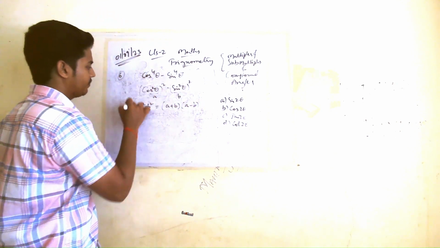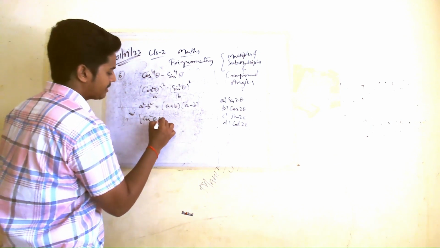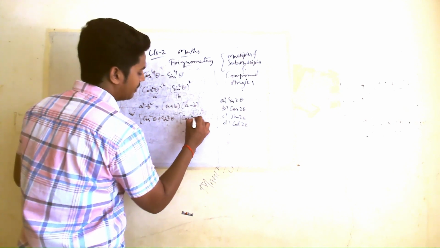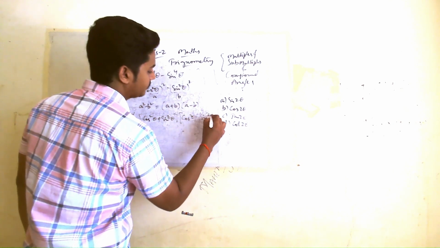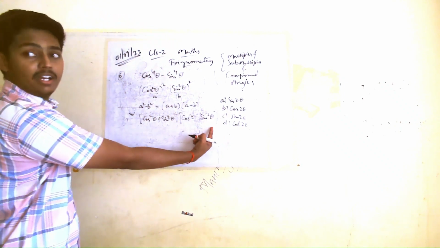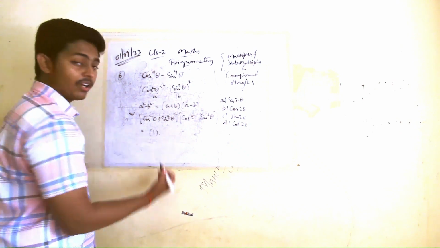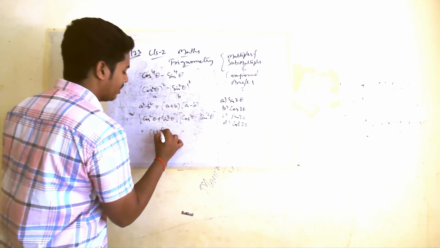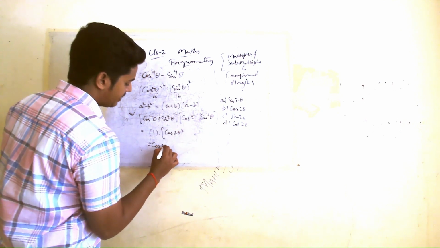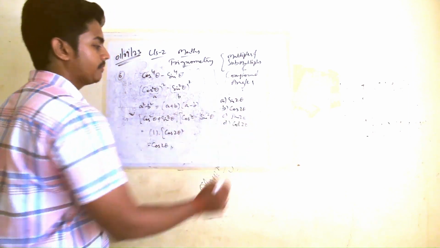Instead of this I can write a plus b, meaning cos square theta plus sin square theta, into a minus b, which is cos square theta minus sin square theta. I hope you can see this, it's visible. Now cos square theta plus sin square theta is 1, and cos square theta minus sin square theta is cos 2 theta. That is the formula of cos 2 theta, so cos 2 theta is the answer. So our answer is B.